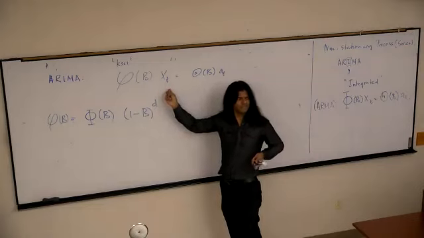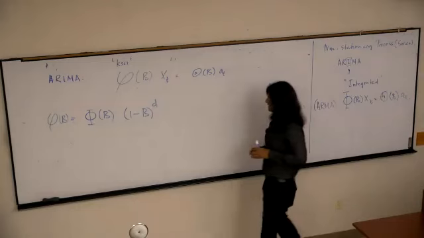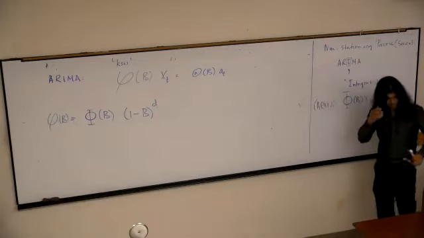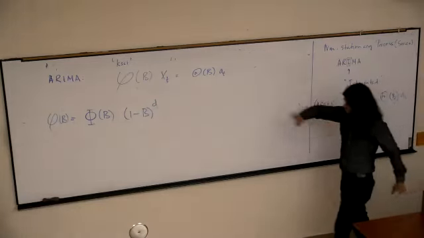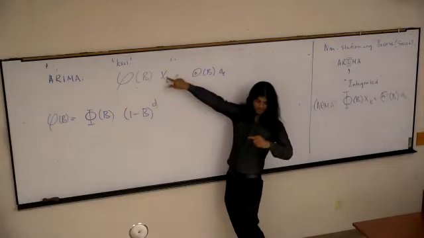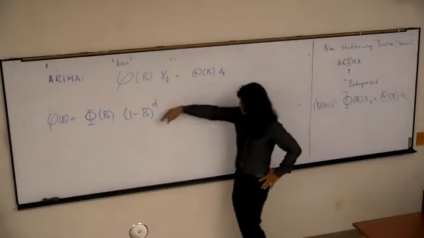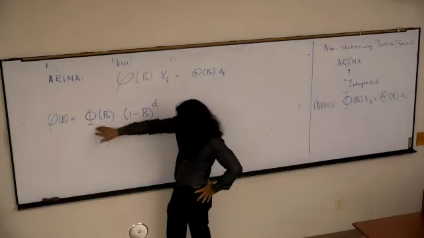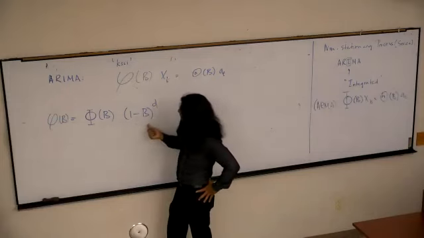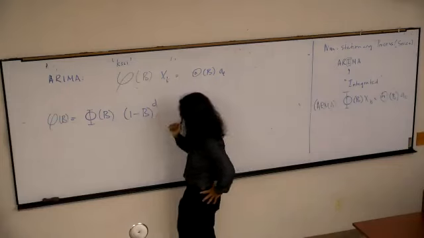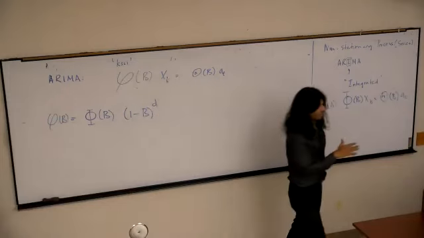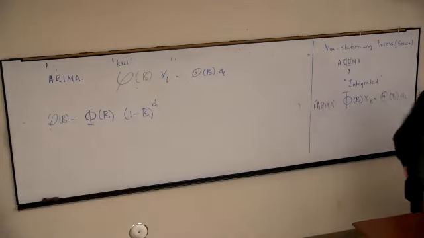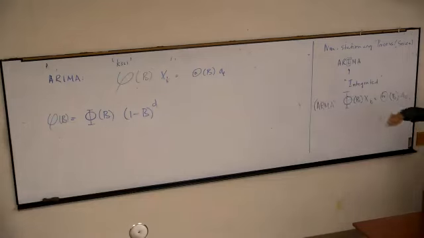It doesn't matter, right? I like to keep it as is. It's been a while. Phi of B times 1 minus B raised to d. A long time ago, we did learn about 1 minus B. It was in the homework also.